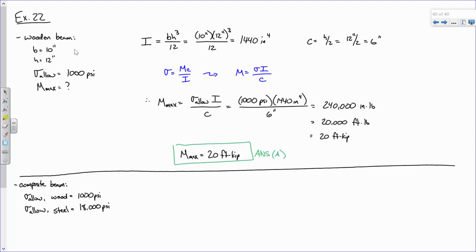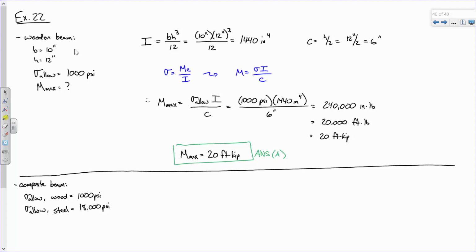When you're dealing with a composite beam, you get additional strength, but you actually need to check both materials because you have to determine which one governs the capacity. And we'll talk about what governs means here in a second.